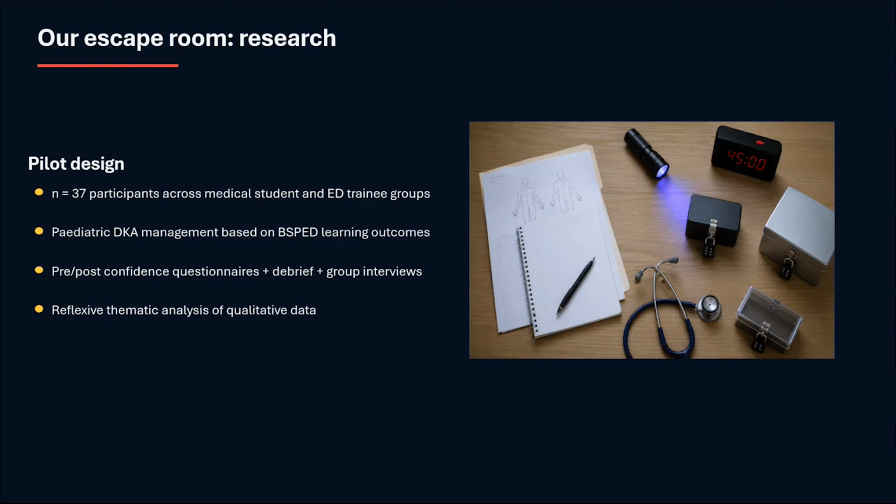Then we also had a questionnaire afterwards, and we looked at a change in that confidence. We also did a post-session debrief and a group interview where we were able to look at some of the learning behaviors, the way that groups worked, and try and find any weaknesses, things that we would need to change when we go on to do further work with the study that we did.